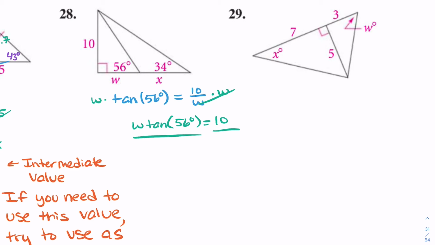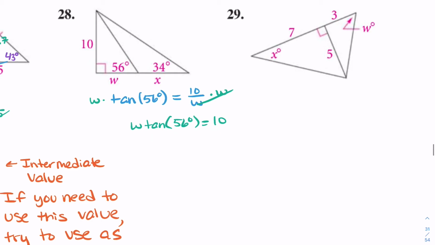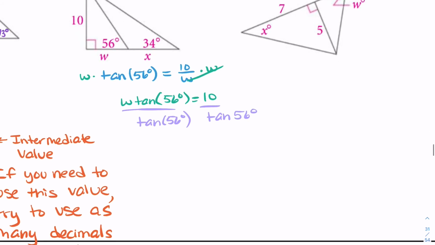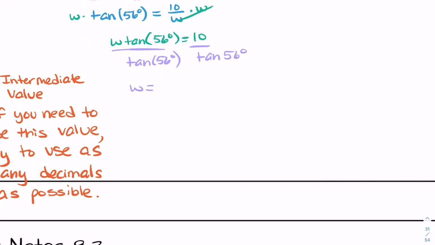Divide both sides by tangent of 56. So W equals 10 over tangent of 56.